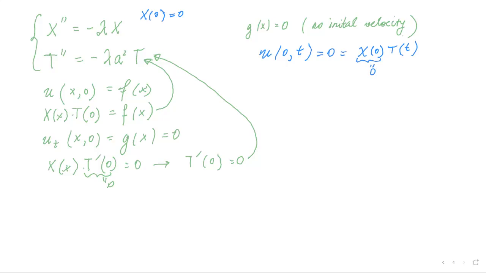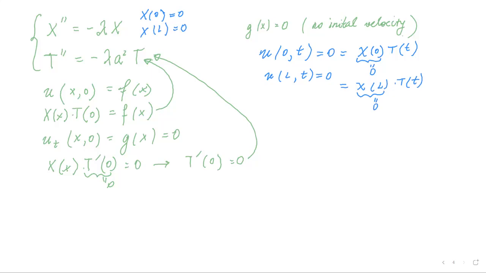Understandable, right? Also, u of L, t, my second boundary condition, that the string is connected to the guitar somewhere at a distance L, is going to give me basically a very similar thing. It's X of L times T of t. And if we don't want to get a solution which is equal to 0 everywhere, and we don't set T of t equal to 0, then we're supposed to set this to 0, and we get a second condition that X of L equals 0.